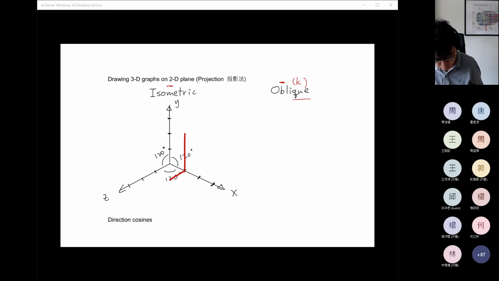Oh, sorry. Like this, not very well. It's vertical. So this is 1 unit, and this is 1 unit, and this is 2 units.